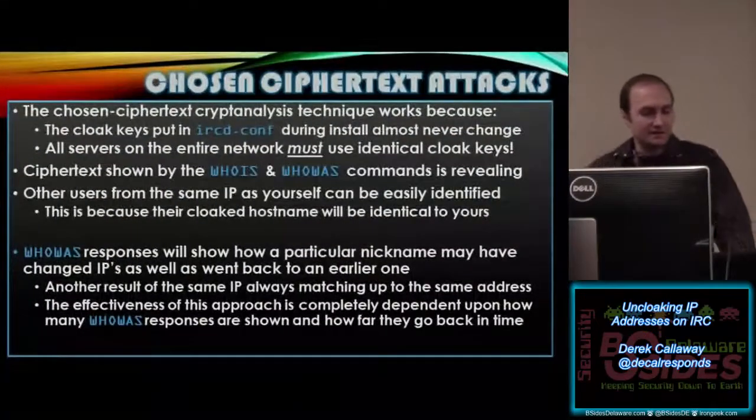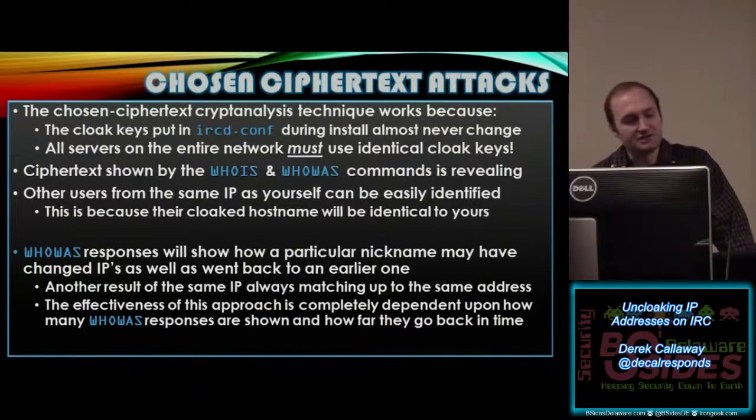So this is just going to demonstrate a chosen ciphertext attack, which is basically something you can't prevent at all with cloaked addresses, because since the same key is used to initialize the hash function every time, if you connect with the same address, you're going to end up with the same cloak.